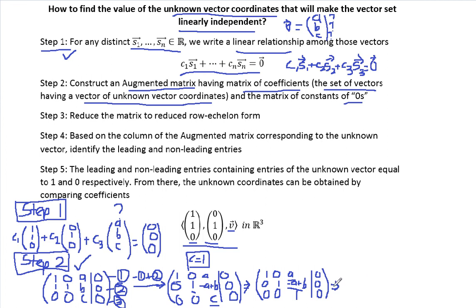Therefore we add minus a plus b times row 3 plus row 2.